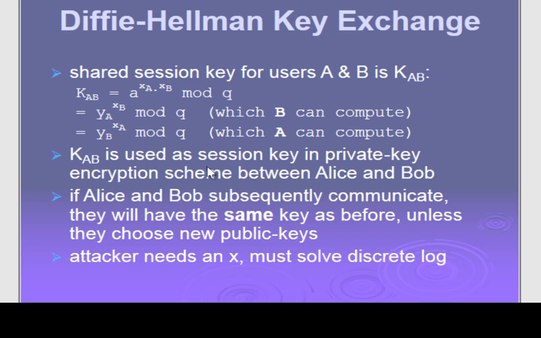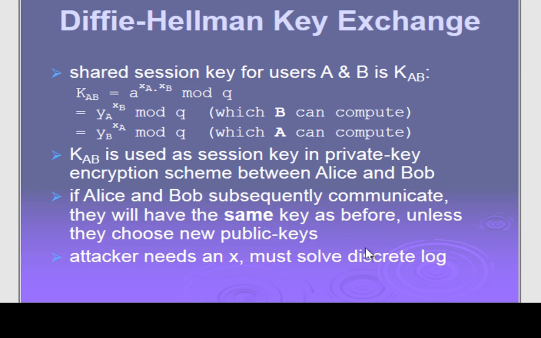So KAB is used as a session key for private key encryption between Alice and Bob. If Alice and Bob subsequently communicate, they have to use the same key as before.